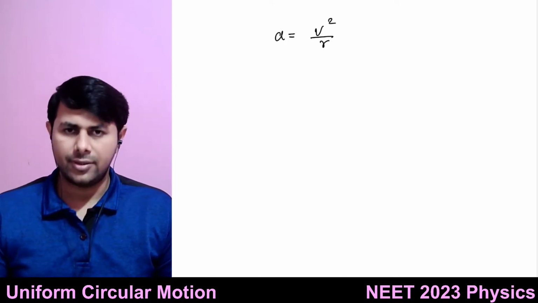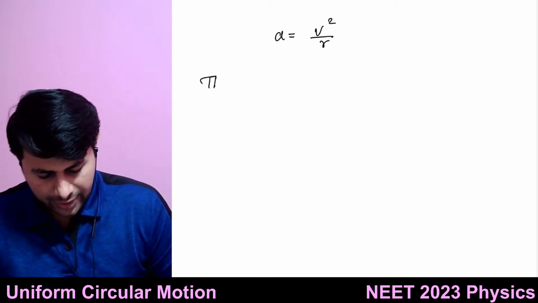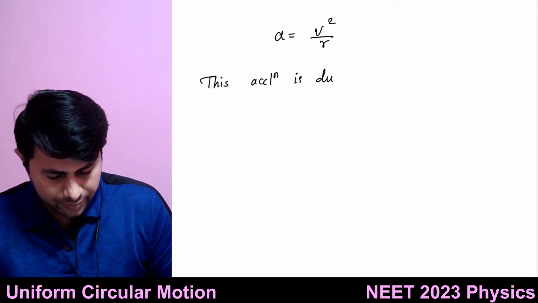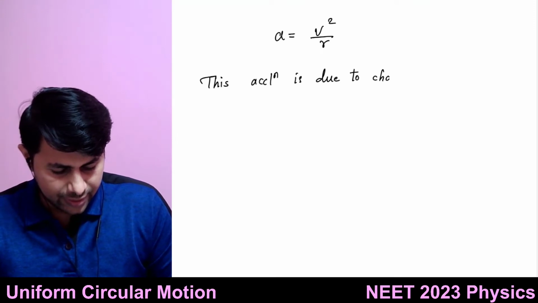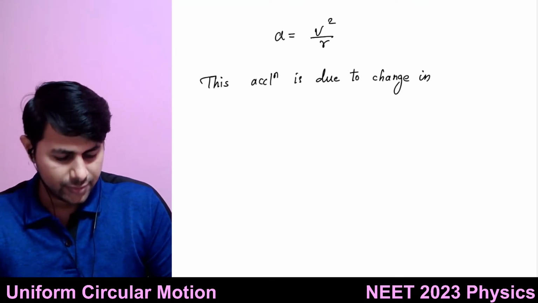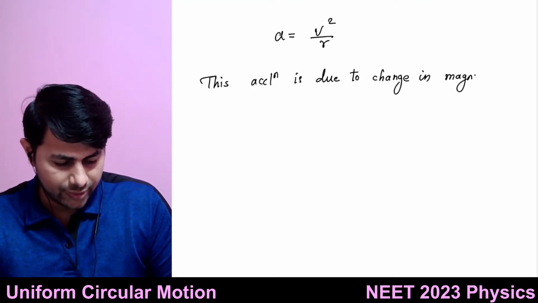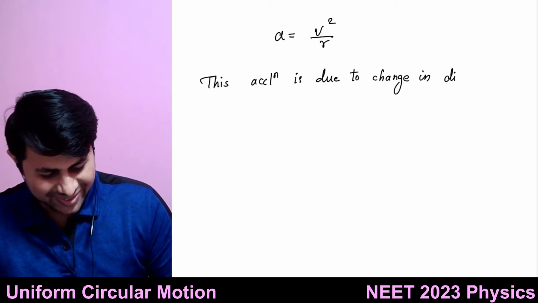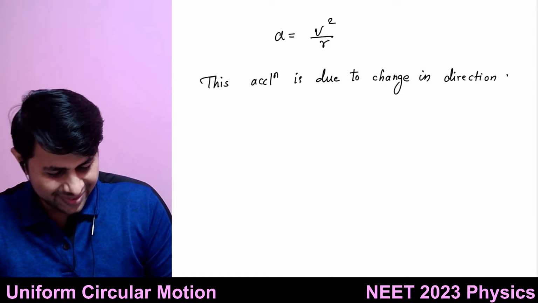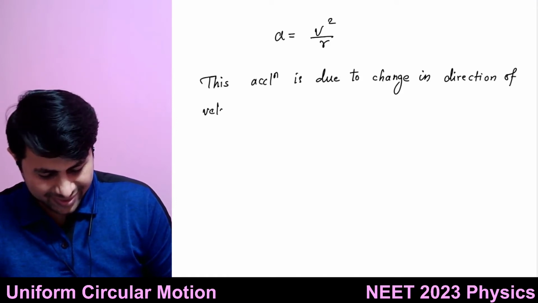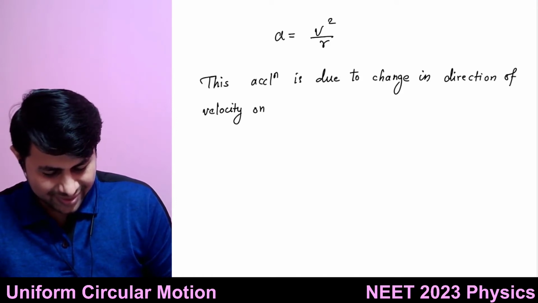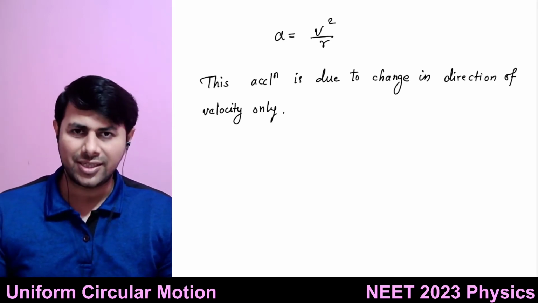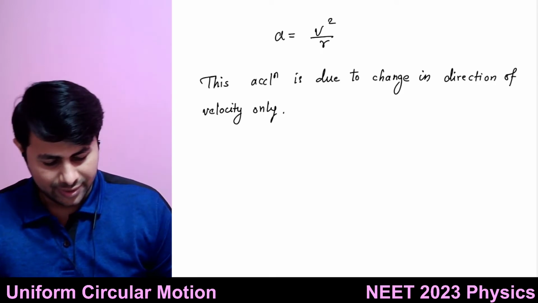So this acceleration is due to change in direction of velocity only. Purely due to change in direction of velocity. We didn't consider change in the magnitude at all, right?